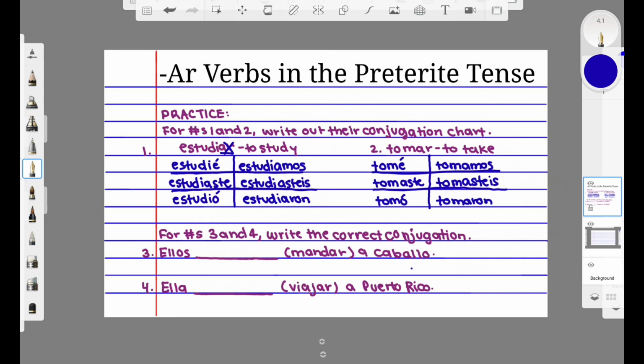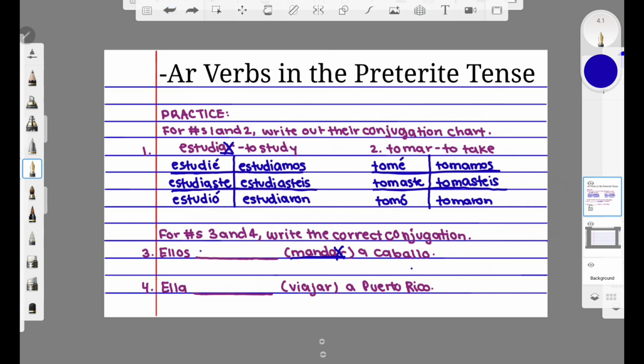Alright, number 3 and 4, write the correct conjugation. Number 3, mandar. Ellos mandar a caballo. So when we look at the conjugation chart, aron is the conjugation for ustedes, ellos, ellas. And mandar, we'll get rid of the AR part.